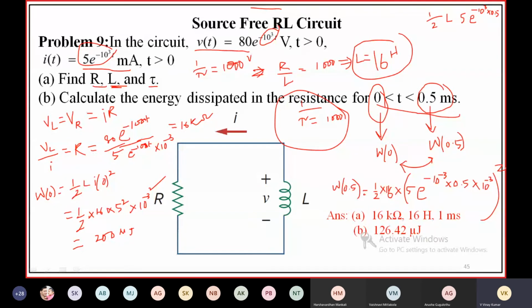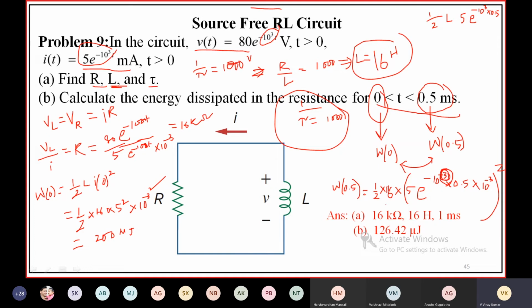Let me use calculator. 8 into, anyhow it is 25 into e power minus 2 into 0.5 into... sorry, it is 10 to the power 3, right?